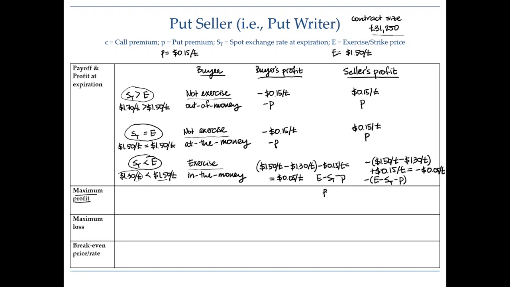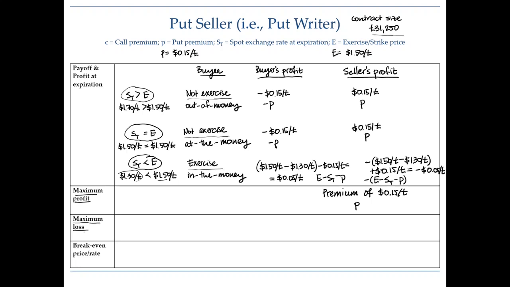So the most the seller can make is the premium of 15 cents. Because buyer will exercise this contract only when it's favorable for the buyer to do so. So the best case scenario for seller is if the buyer does not exercise this contract and seller keeps the premium. How about the maximum possible loss?